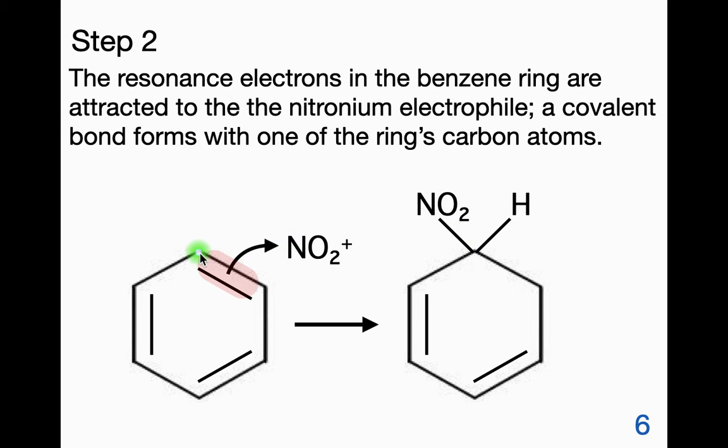Now remember that that carbon also had a hydrogen on it, as well as all the other carbons, and so that's this hydrogen here. So this carbon has 4 bonds, but this carbon here has lost the additional bond that it had with this carbon, and so we have a positive charge here. The electron that it was sharing is now going to the nitronium ion. So this is a carbocation, and remember carbocations are very reactive.